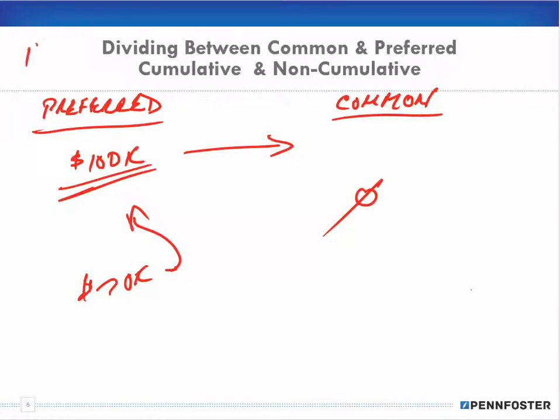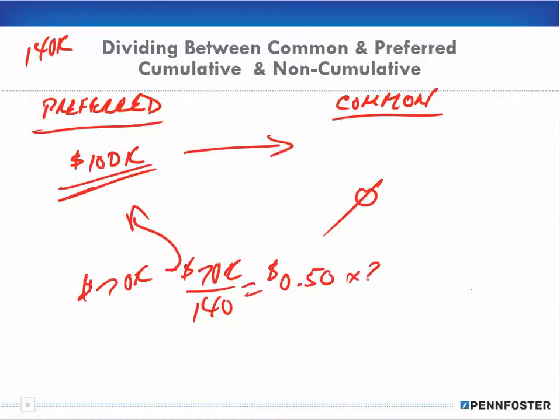If there's 140,000 shares, then that's 50 cents a share, 140 divided into the 70,000. And you multiply that times however many shares you have to know what dividend amount you're going to get. That's the same math all the time.